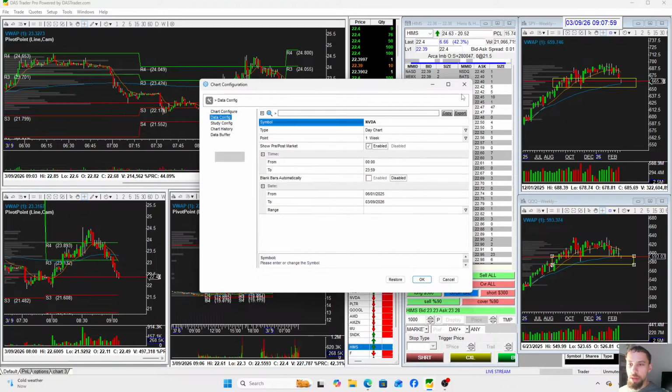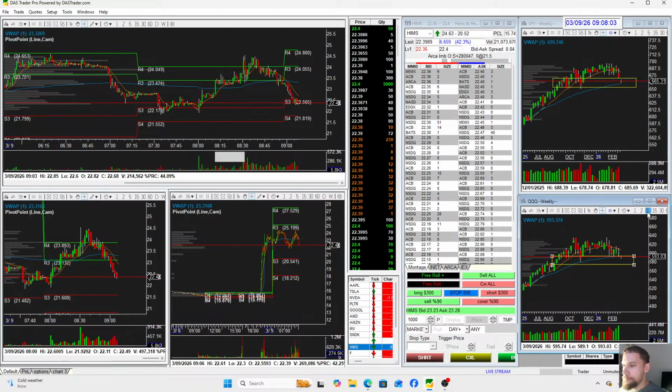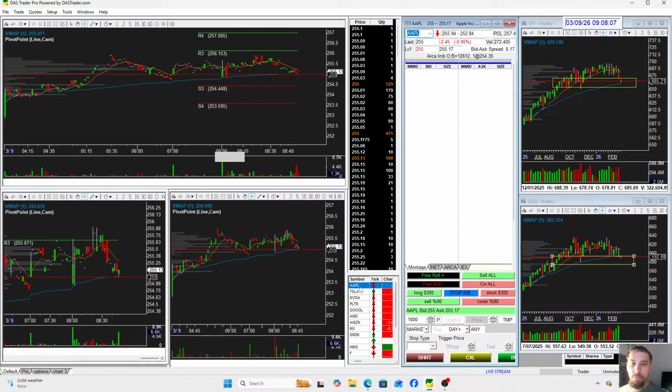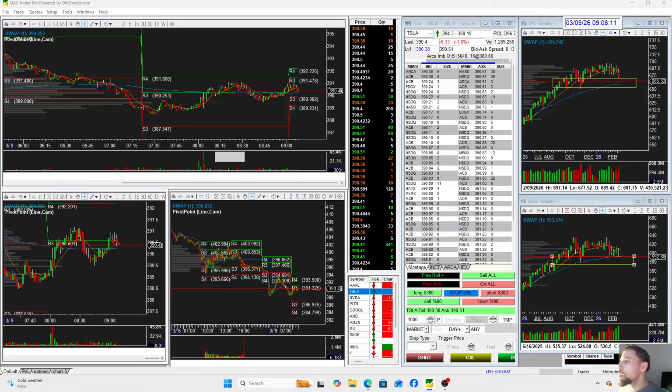Okay, now it's not letting me change any chart. I haven't had this hiccup before, so let me see if I can figure this out.